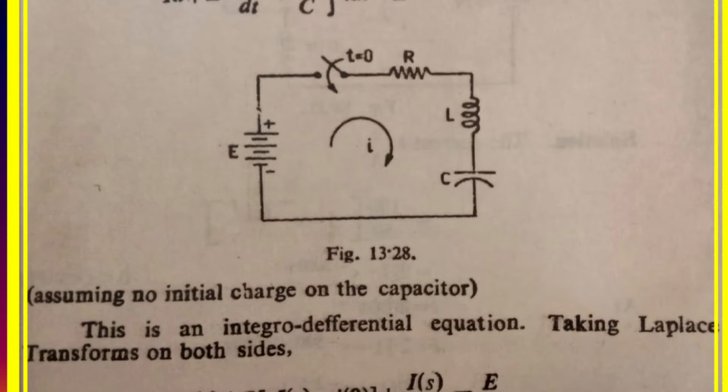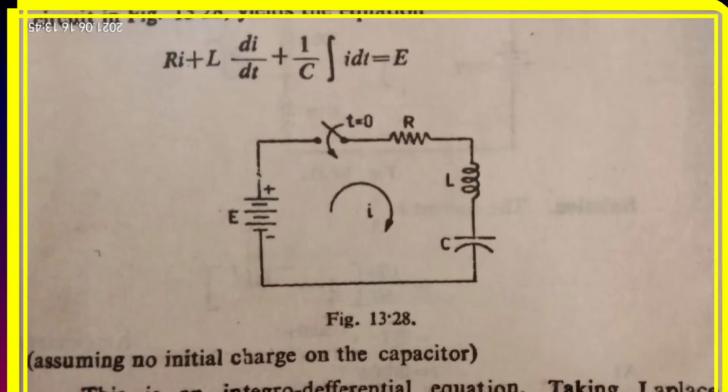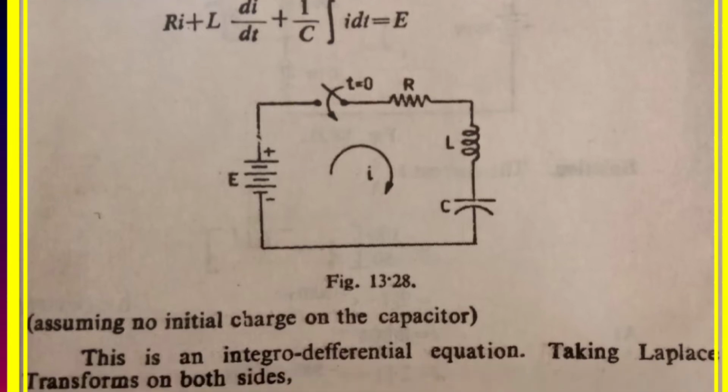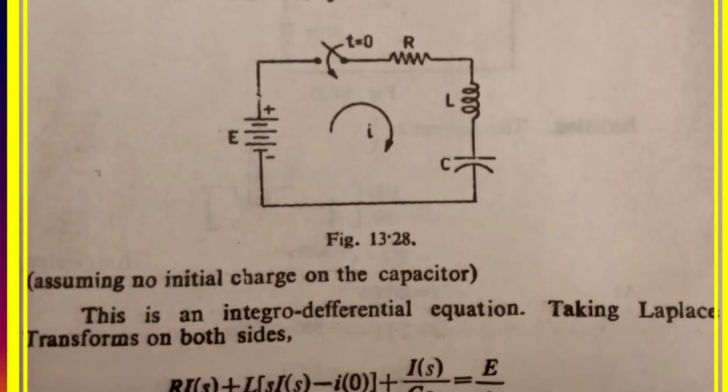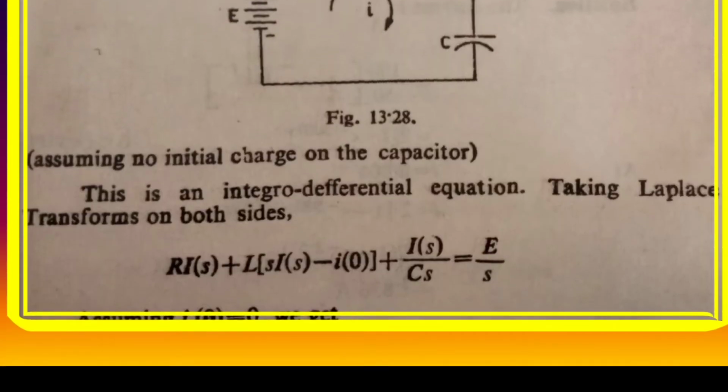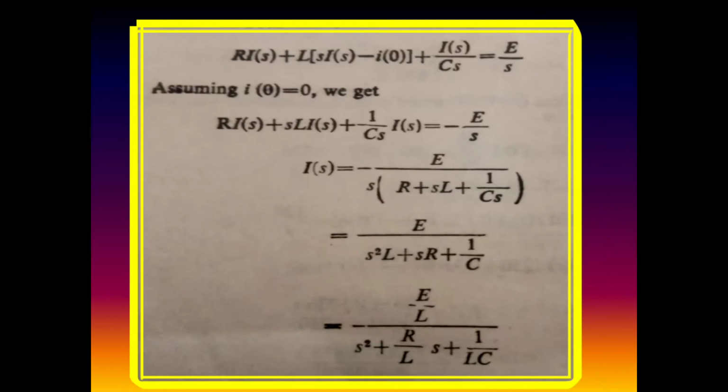So we have the equation Ri plus L into di by dt plus 1 by C integration of I dt equal to E. Now take Laplace transformation on both sides: R into I of S plus L into S I of S minus I of 0 plus I of S divided by Cs, which is equal to E by S. Since we are taking the Laplace transformation for the individual resistor, inductor and capacitor, we get this equation.